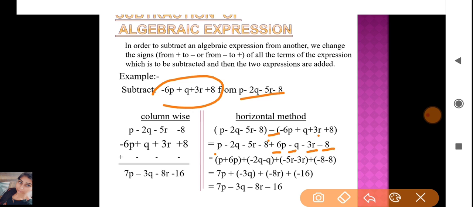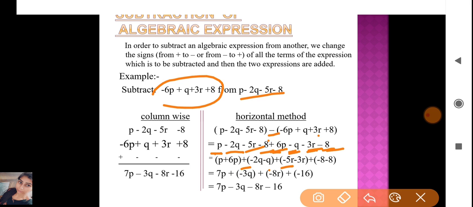Next step, rearrange the variables. Keep P, Q, R and the constant together. Take the variables and constant together. So P and plus 6P. Keep the terms in brackets, it will be better for you to understand. Then keep the plus sign, it will be easy for you to understand. Minus 2Q and minus Q, minus 5R and minus 3R, then minus 8 and minus 8.